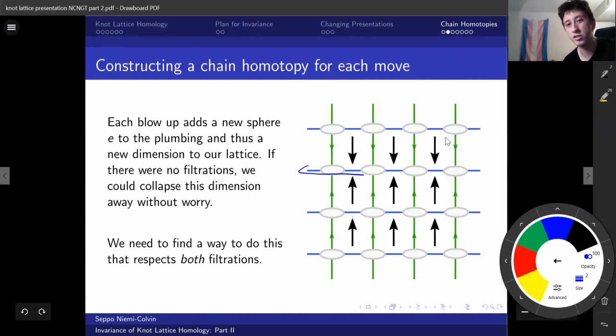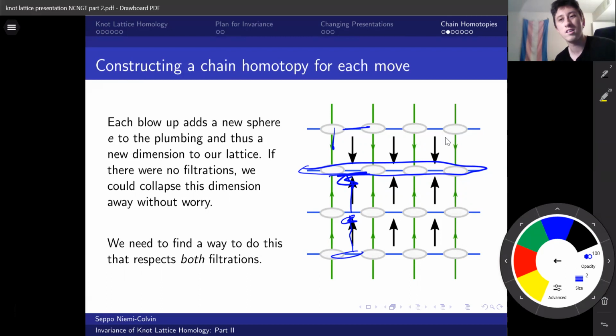So in particular, we could choose a representative that looks similar to our pre-blowup lattice, and send everything while moving it up in that direction, then that direction again, there. These arrows represent a homotopy done in steps because that will be useful when things get more complicated, in that we can't just choose a random layer and send it there. We need to do it in a way that respects both filtrations that we have going on.